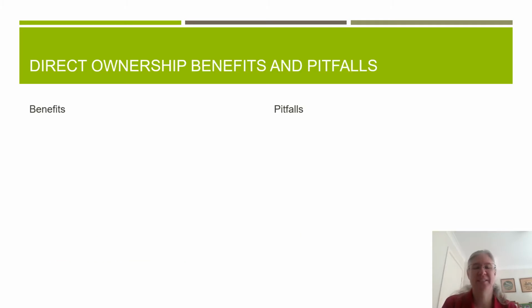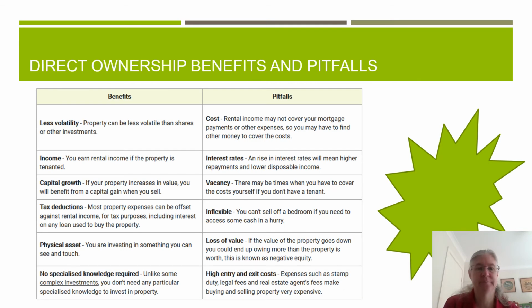Let's look at the pluses and the minuses of directly owning an investment property. Okay, so what's good about it? Starting with the benefits, property can be less volatile than perhaps shares or other investments. You've got this income. As long as you've got tenants in there, then you're getting this regular rental income.